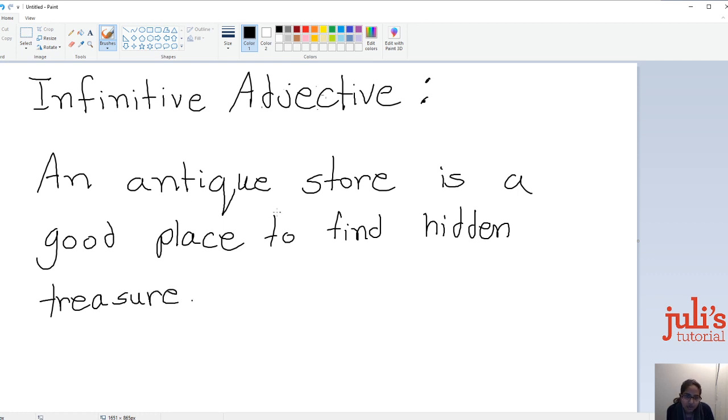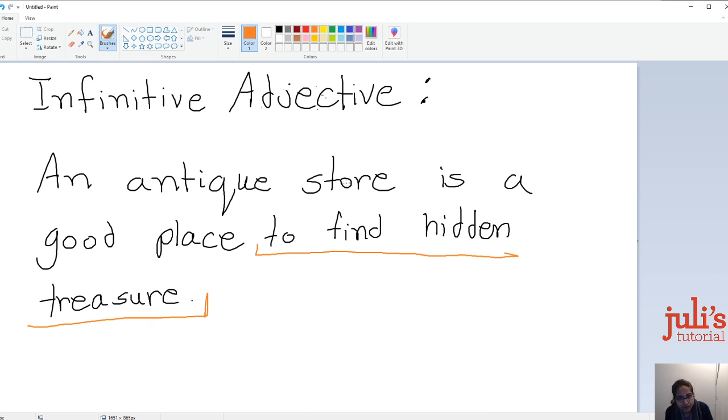An antique store is a good place to find hidden treasure. The infinitive in this sentence is the phrase to find hidden treasure. Remember I said the word to. To find hidden treasure. And it's working as an adjective.